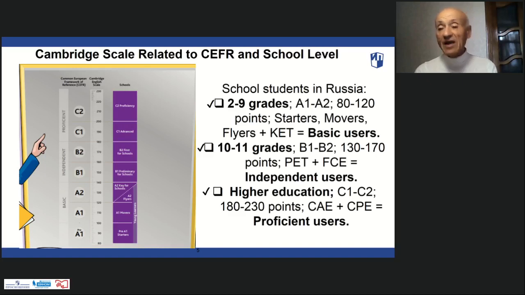These can achieve the results of B2, and those graduates, already 11th graders, are not young learners any longer. We are not talking about them today. They can sit exams such as First Certificate for Schools. We are not taking university level today, for sure.